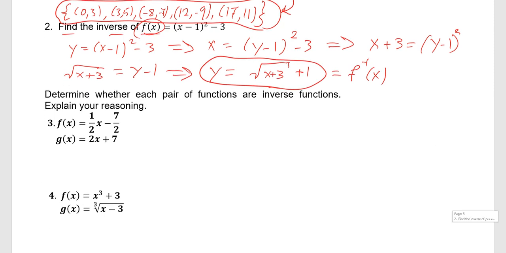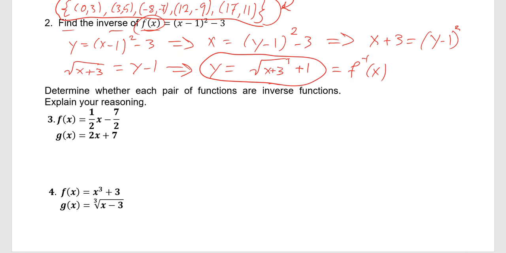Next exercise. Determine whether each pair of functions are inverse functions. Explain your reasoning. f of x equals 1/2 x minus 7/2. g of x equals 2x plus 7.